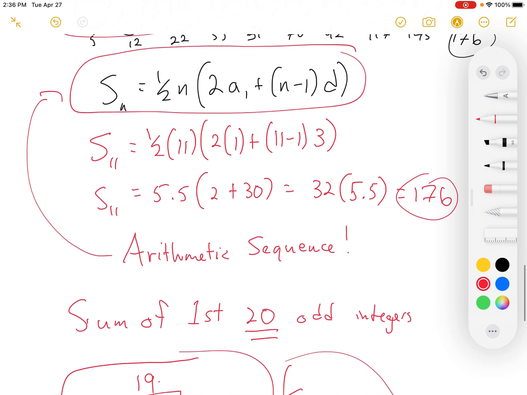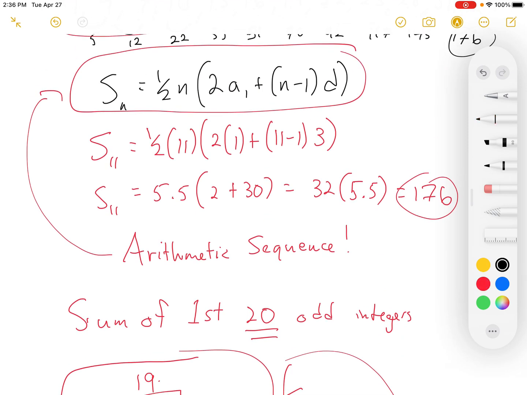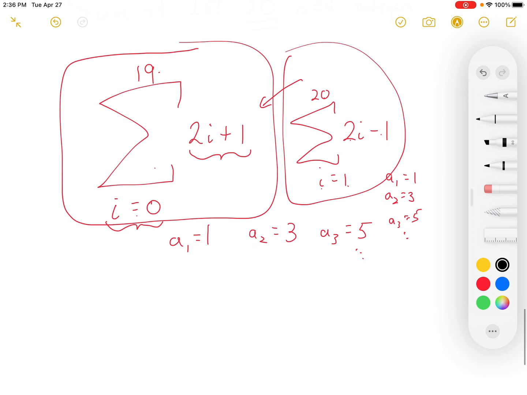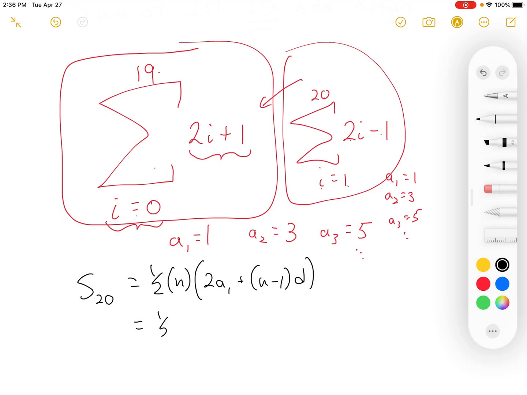Now, if you recall, the formula up above to find the sum: the sum of the first 20 odd would be 1/2 n times twice the first term plus n minus 1 times the common difference. So we have 20 numbers. 2 times the first term, 2 times 1.